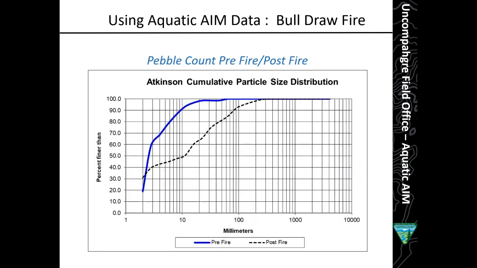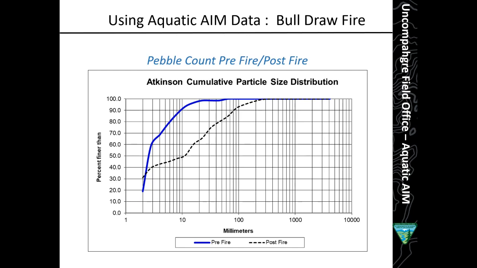This is another depiction of that. You can see the trend post-fire towards the larger diameter particles. My presumption in looking at this data is that with the storm events that passed through the watershed, the bed load was scoured because we had increased flows from all of the burned uplands contributing.